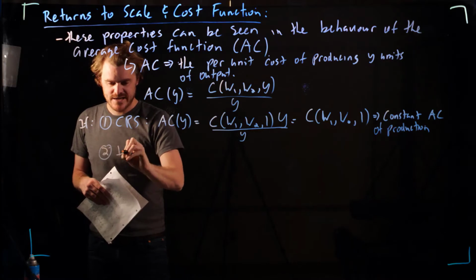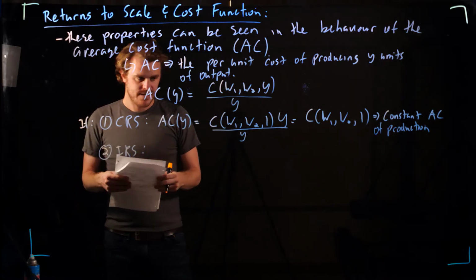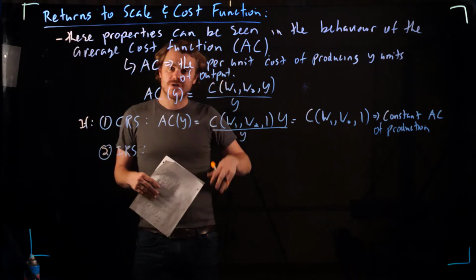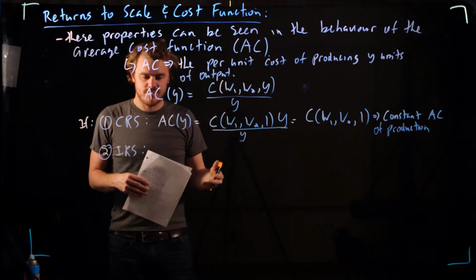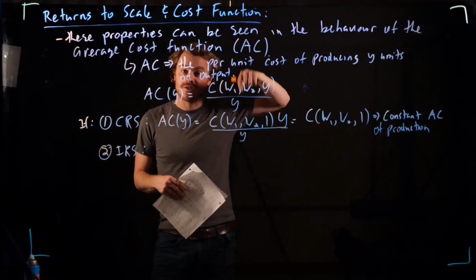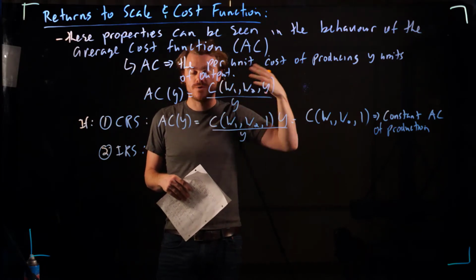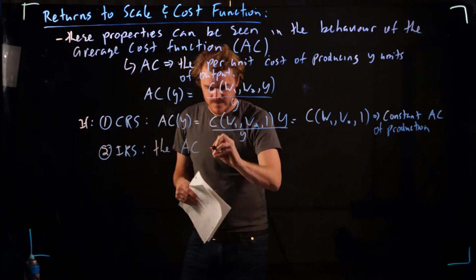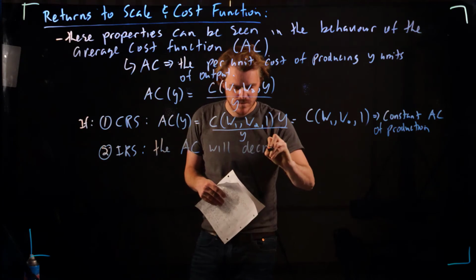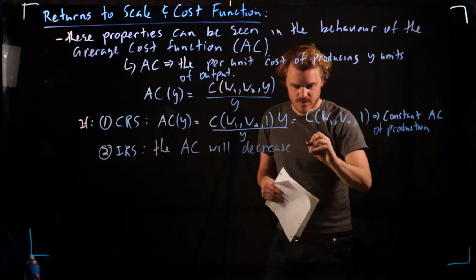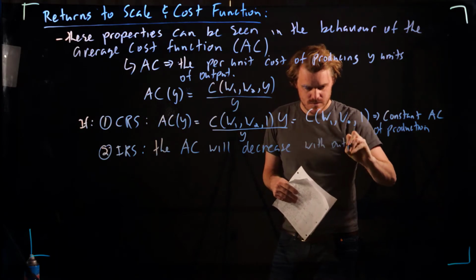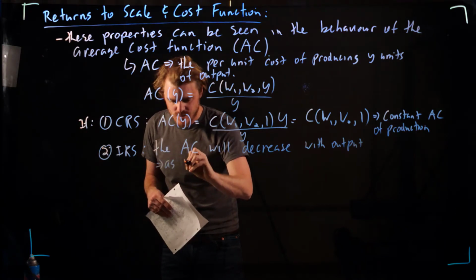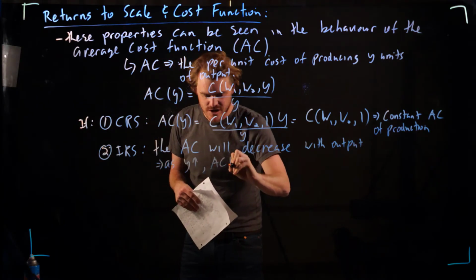So this was when we had increasing returns to scale. So we don't have that linear relationship anymore. Remember that output is going to more than double when we double the amount of inputs. Well, that means the average cost of production is going to decrease as we produce more. So what this means is as Y increases, average cost will decrease.